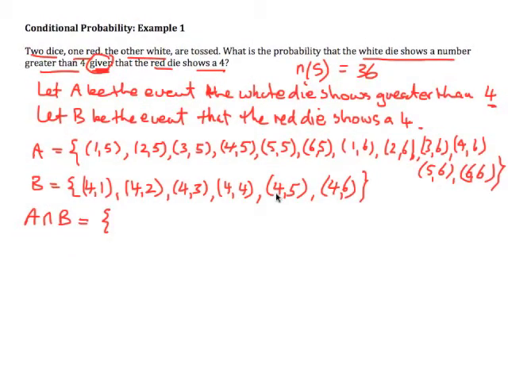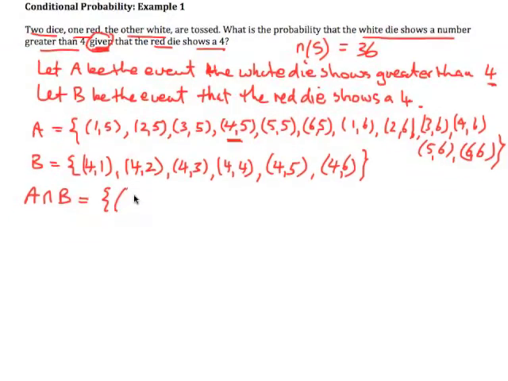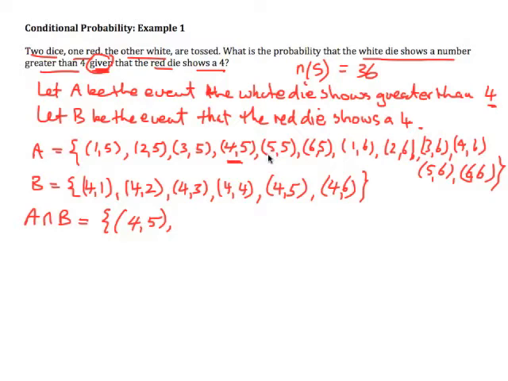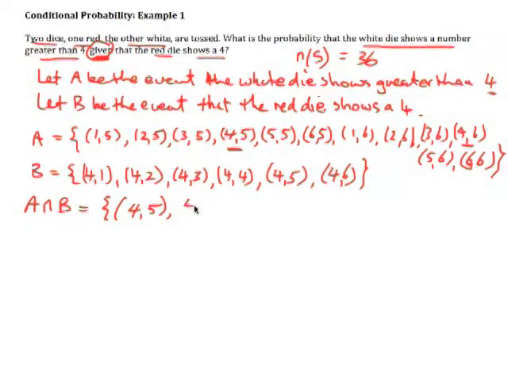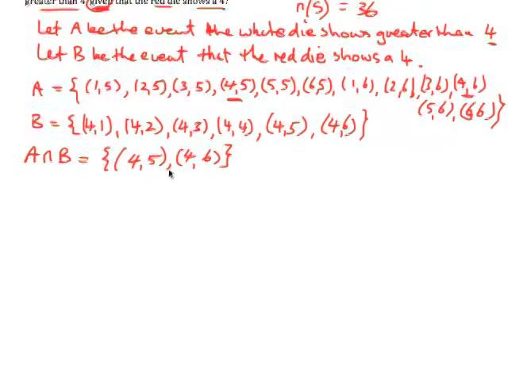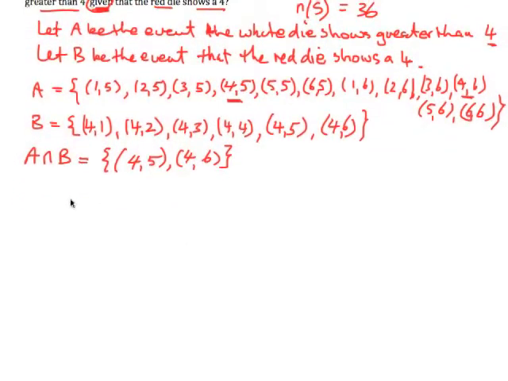No. Do we get a 4,5? Oh, here we go, 4,5. Do we get a 5,5? No, 4,5. What about a 4,6? Yeah, we do get a 4,6. Okay, and you'll notice that's the intersection of the two.